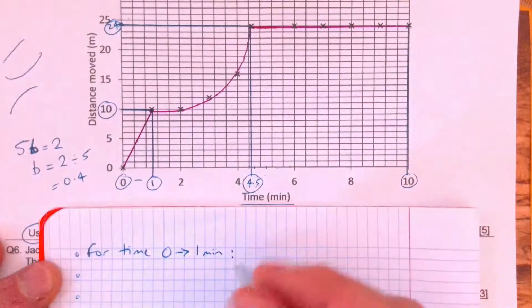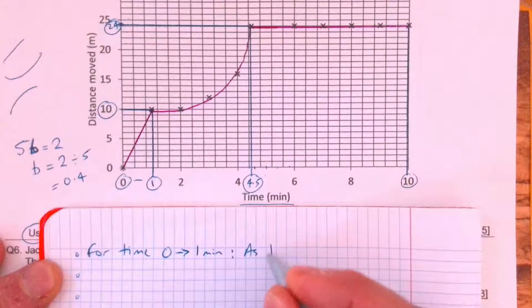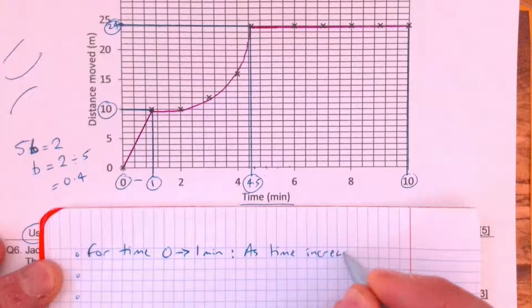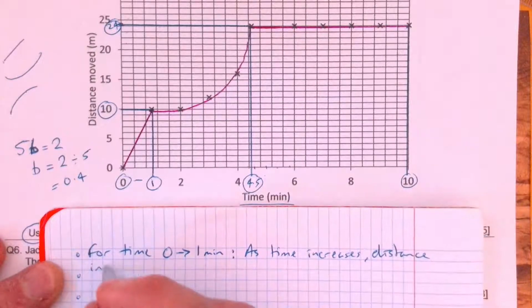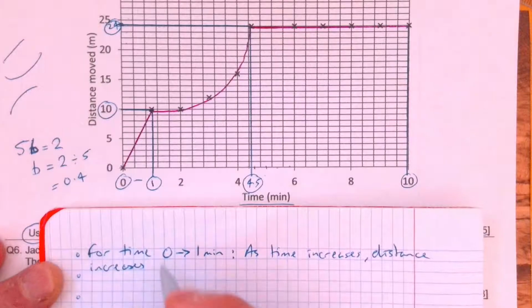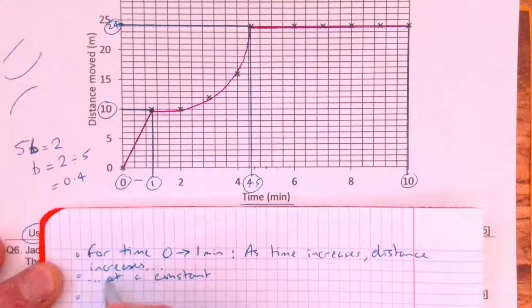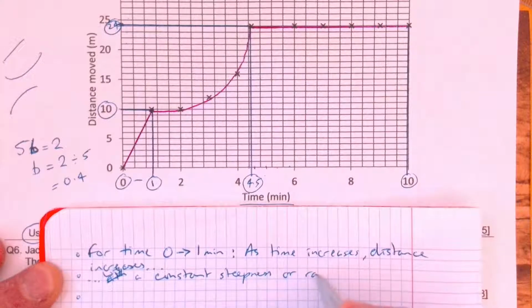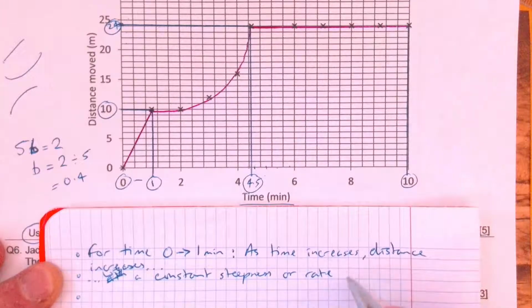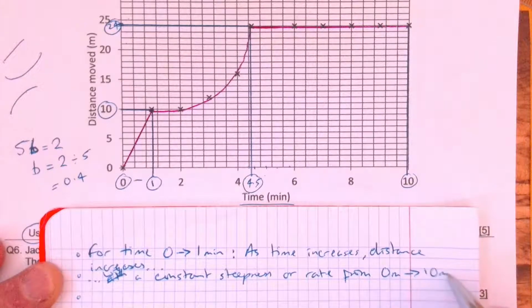For time 0 to 1 minute, what happens as time increases, distance increases with a constant steepness or rate from 0 meters to 10 meters.